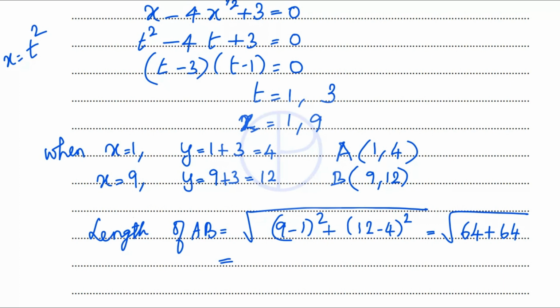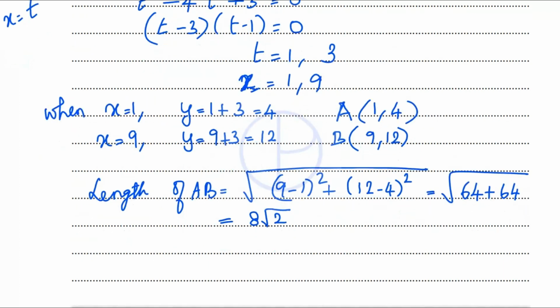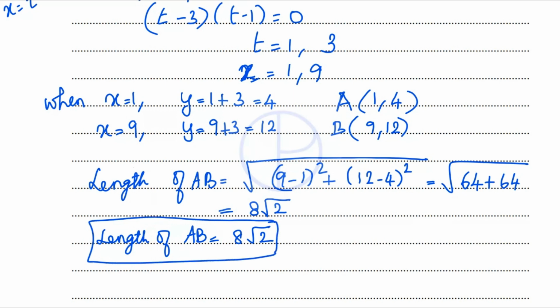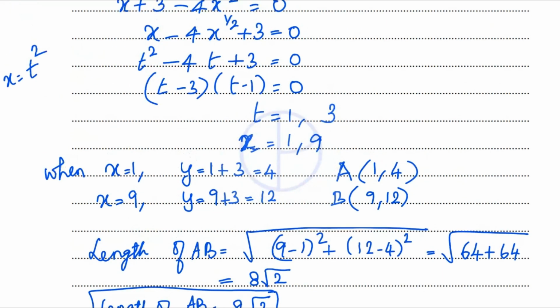So 2 times 64 under the root can be written as 8 square root of 2. So the length of AB is 8 square root of 2.